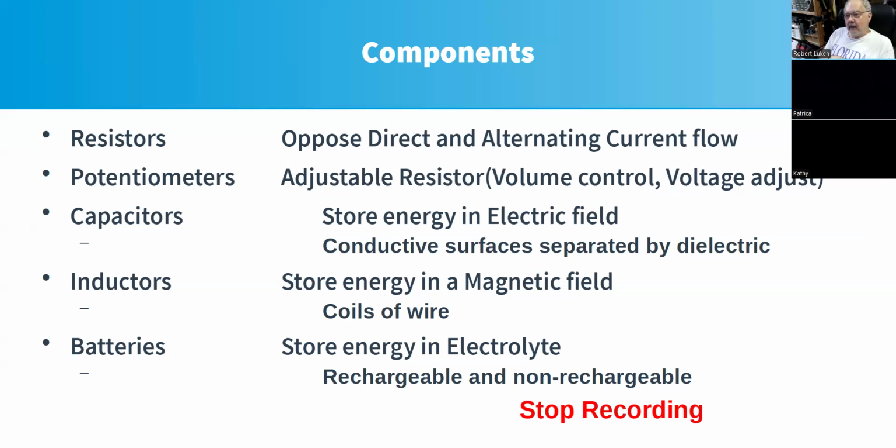Now, in a lot of modern stuff, they don't use adjustable resistors anymore. You're actually turning an encoder, which gives you a digital count as it's rotated. So it's kind of a digital way of doing what the old adjustable resistor did.